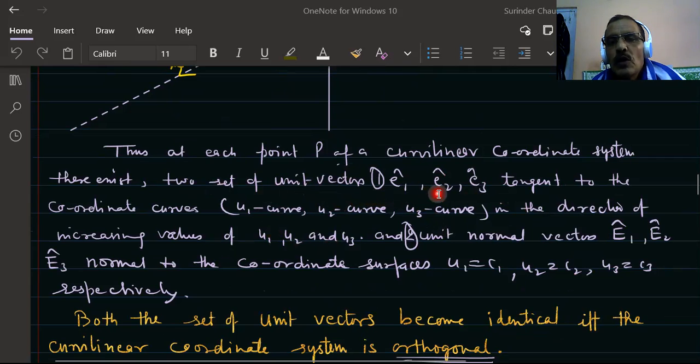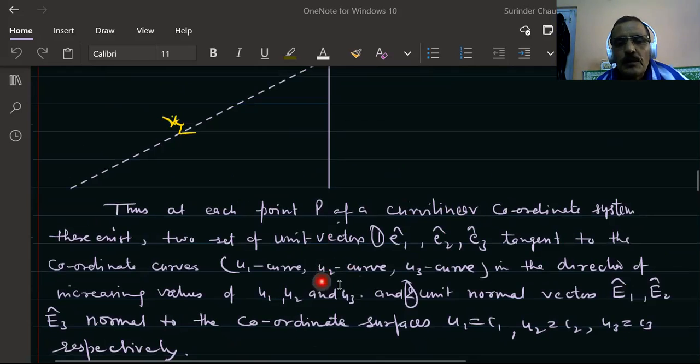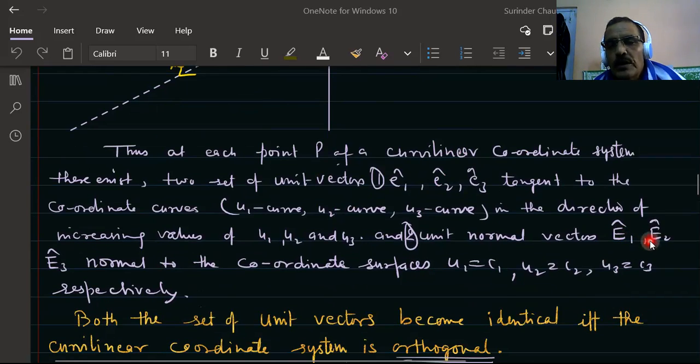The small e1, e2, e3 are tangent to the coordinate curves: e1 is tangent to the u1 curve, e2 is tangent to the u2 curve, e3 is tangent to the u3 curve, in the direction of increasing values of u1, u2, u3. And the unit normal vectors capital E1, E2, E3 are normal to the coordinate surfaces u1 = c1, u2 = c2, and u3 = c3 respectively.